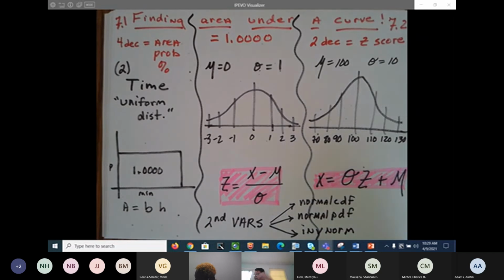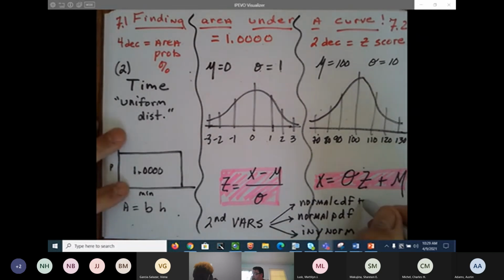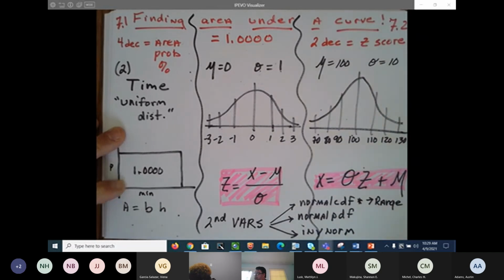Normal CDF is the most used, and it's going to be used whenever you're finding a range. Area with a range. PDF is precise or exact. And inverse norm finds the z-score when given an area.